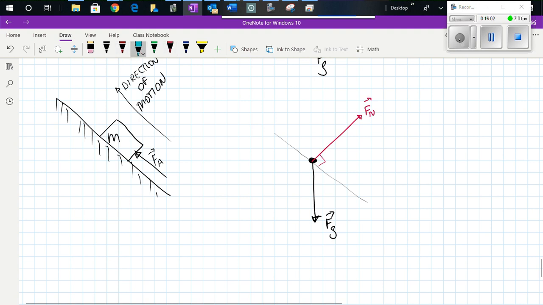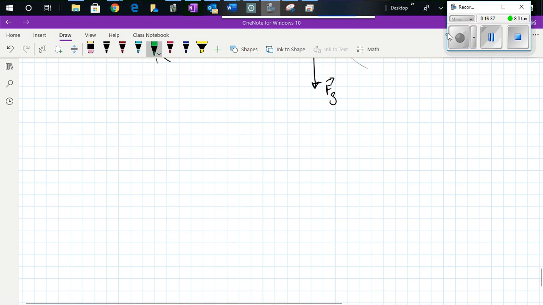We have force applied that is starting from the object, going up. And now, since the object is moving up, force of friction is against the motion, which means that it is going down. Force of friction is along the surface, not going down in the same way as the force of gravity. Does this make sense?